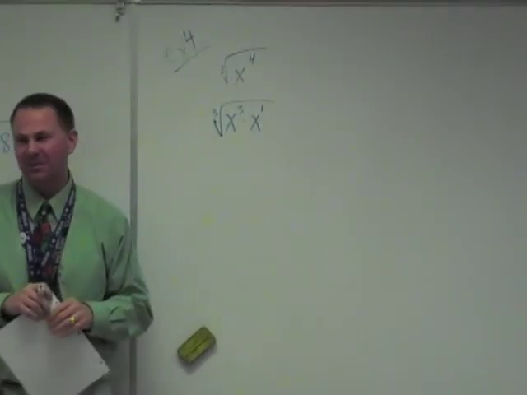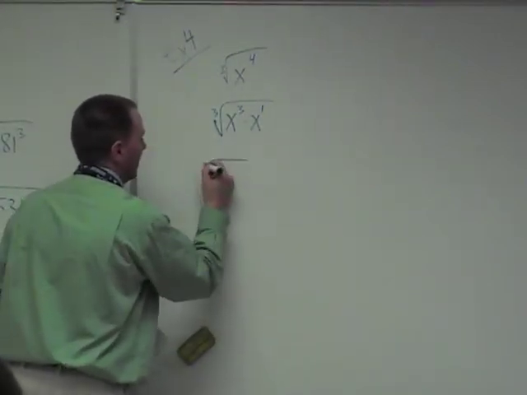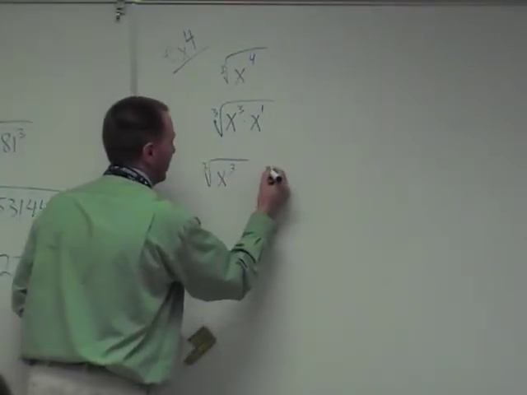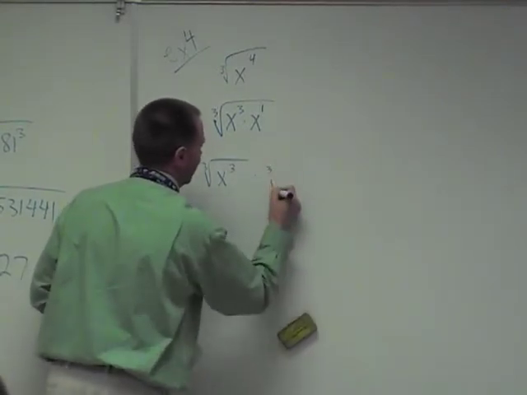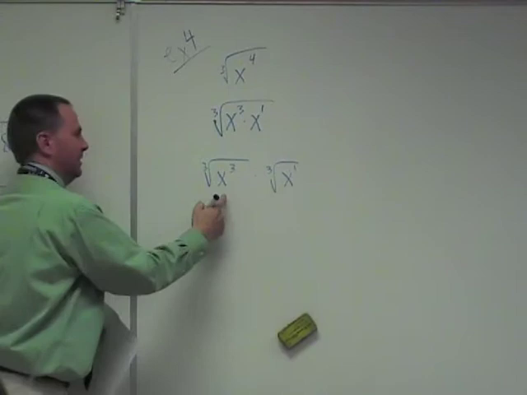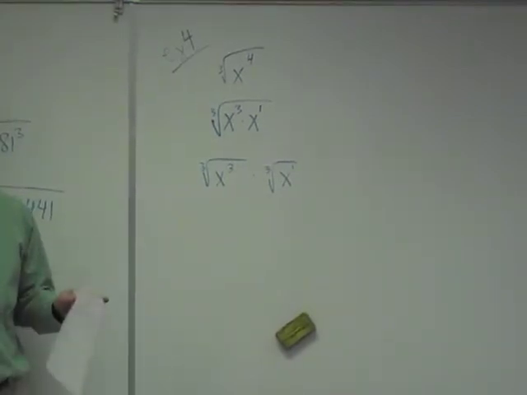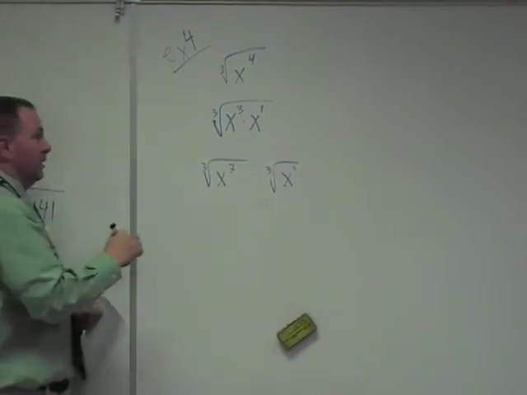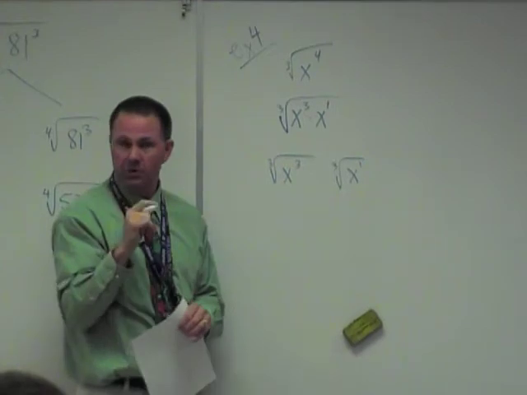Yes. Okay. With my radical rules, I can do this, can't I? Isn't this the same as that? Yes, you better be saying yes, I've already taught you that you can do that. You can split multiplication apart in radicals.